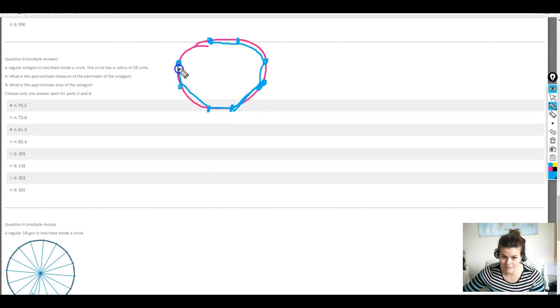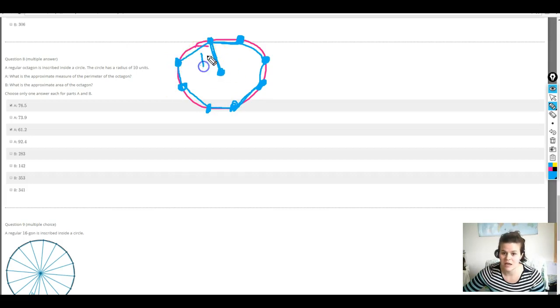And you notice we had a radius, so from the center to any point on the edge of our circle, and a vertex of an inscribed octagon would hit the edges of our circle. So my drawing's not extremely accurate, but you have the idea.